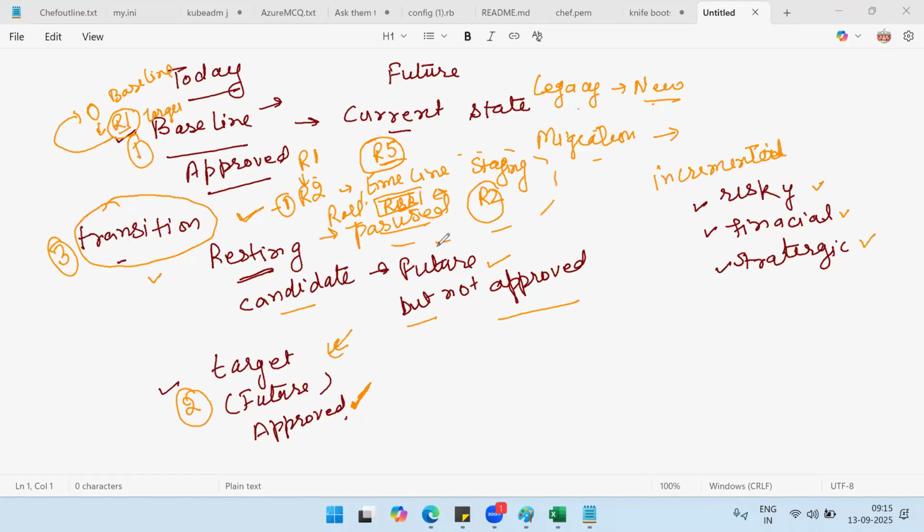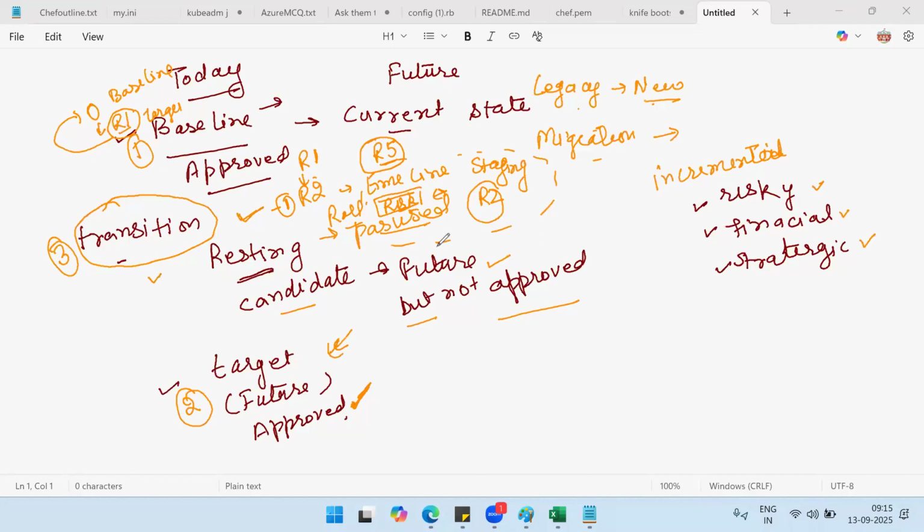Testing and everything will be done under the transition state. And you will be having different environments also. And as I mentioned, you need to set up a budget for that also because you are going to use the resources, you are going to use the infrastructure for that.